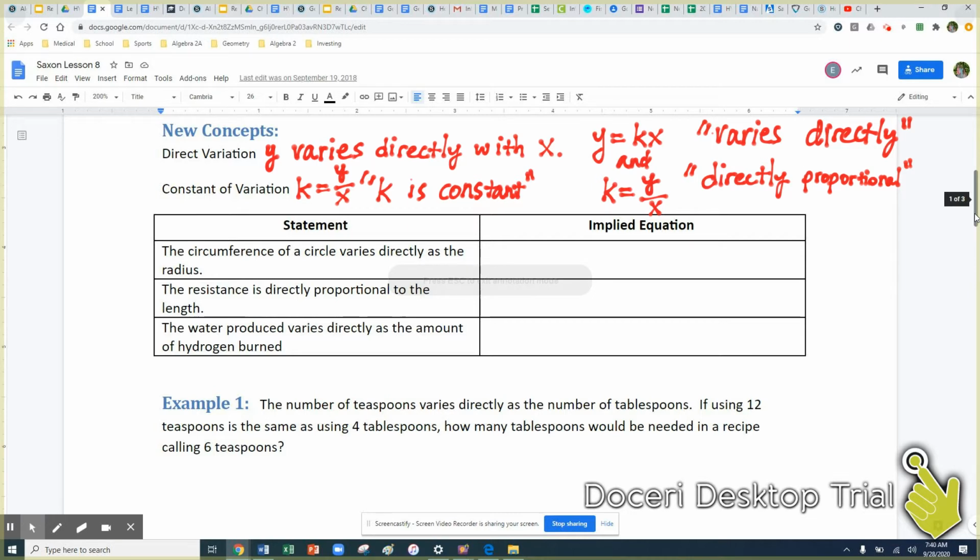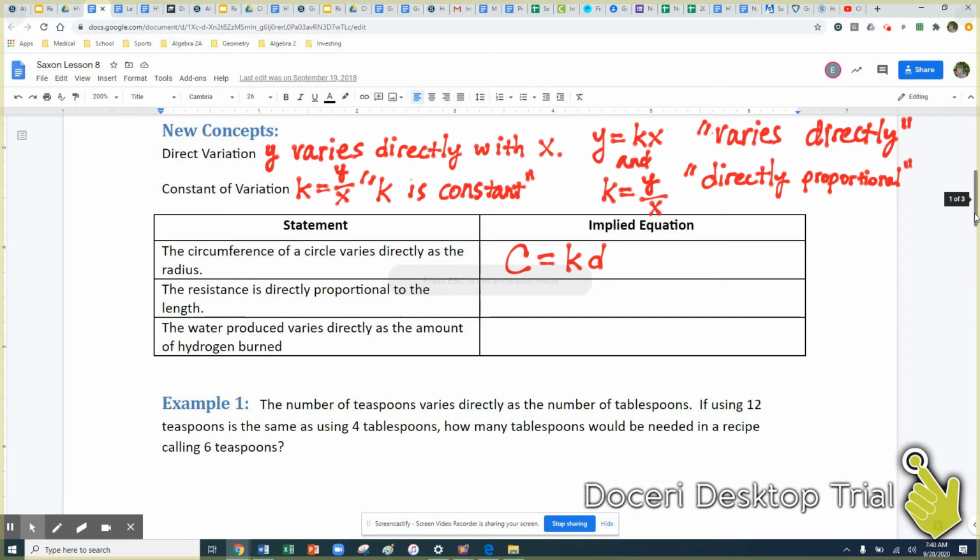A couple other direct variation relationships. The circumference of a circle is a direct variation. So to represent that, we can use a direct variation equation. We can say the circumference equals a constant times the diameter. So C equals KD. So K is that constant. And that is a pretty popular formula.